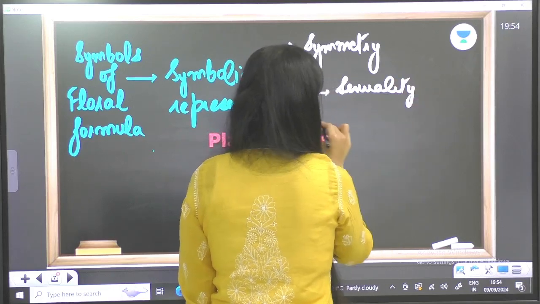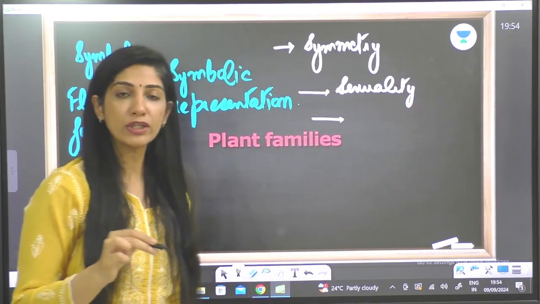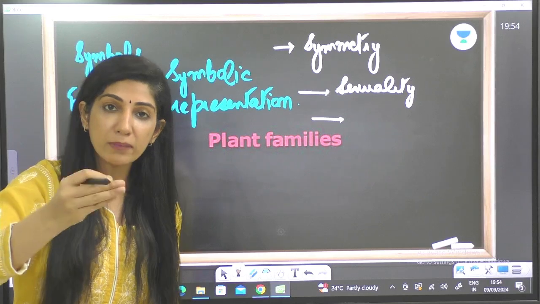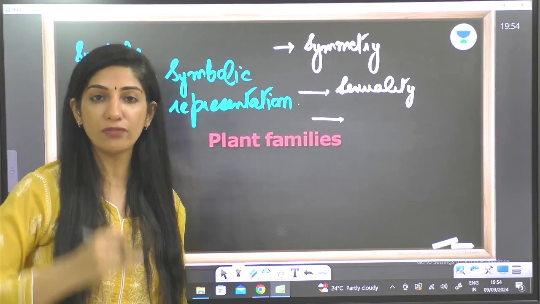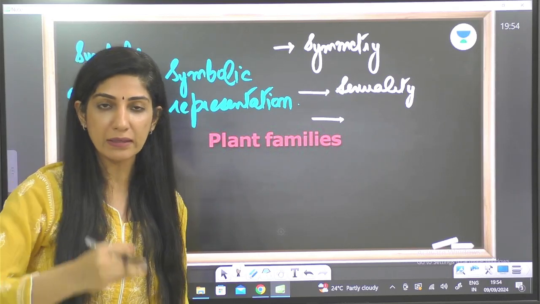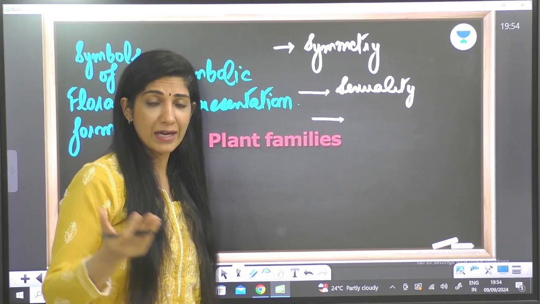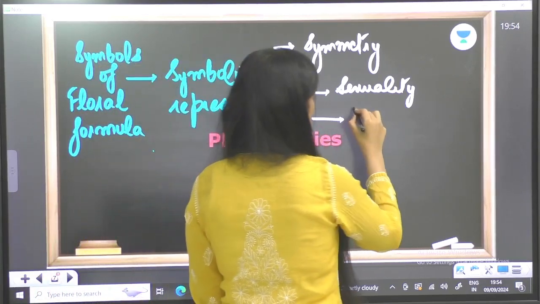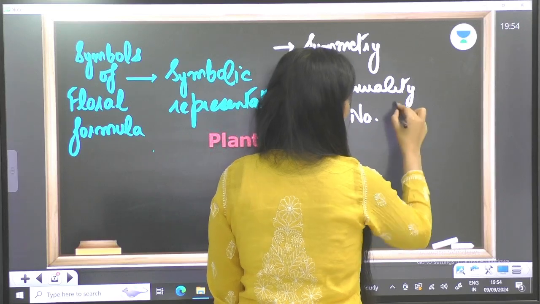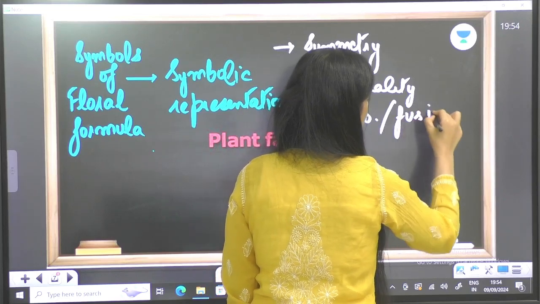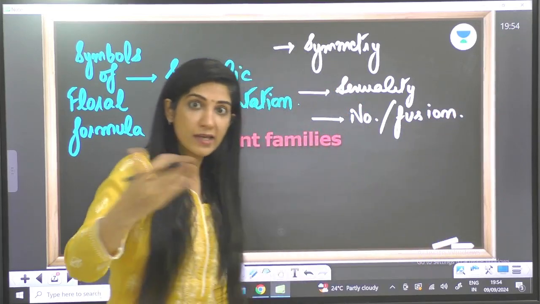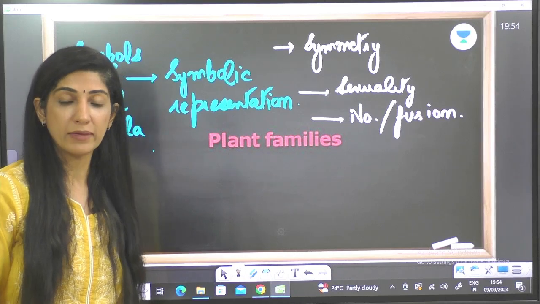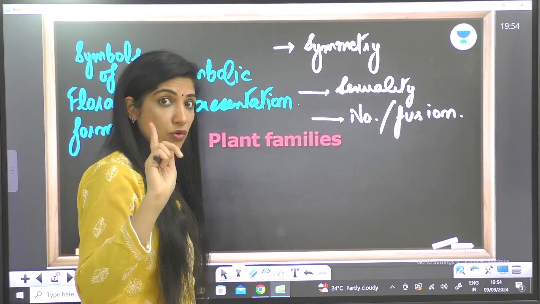Then, whenever you are using a floral formula, you often talk about the number of individual floral parts, whether they are 2 in number, 3 in number, 5 in number. Remember I have spoken about the concept of isomery. So you talk about the number and the fusion of floral parts, whether it is gamosepalous or polysepalous. You should know these.